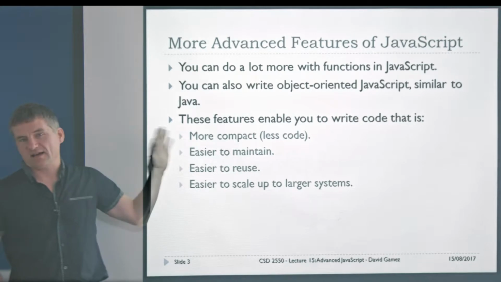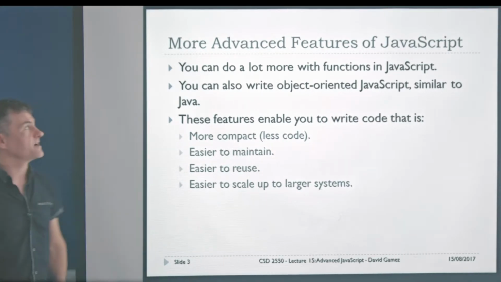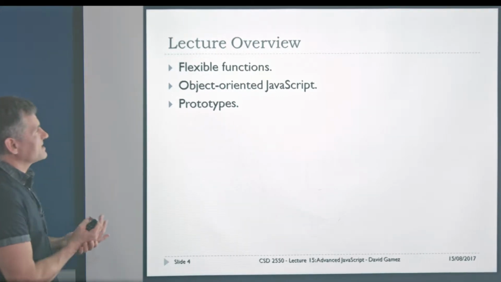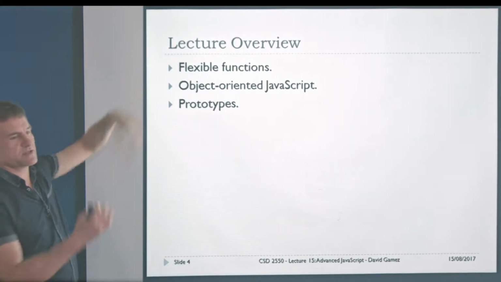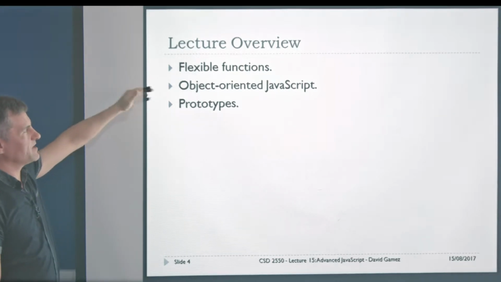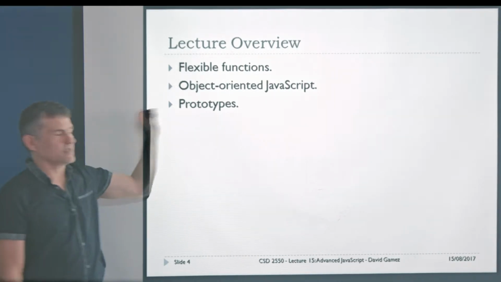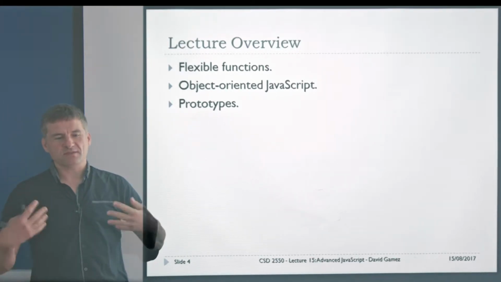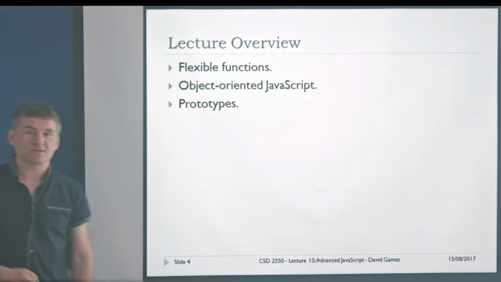The reason is you can write better code and cleaner code, and it's easier to maintain. So in this lecture, I'm going to talk about JavaScript functions, going way beyond what I've taught so far. Then I'm going to explain object-oriented JavaScript, and then I'm going to talk about prototypes, which enable you to do inheritance with object-oriented JavaScript.